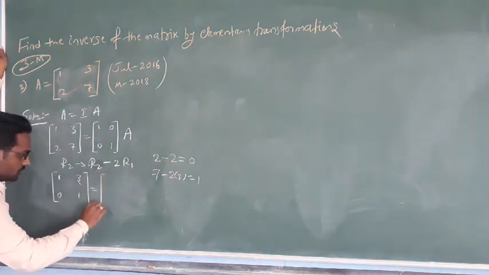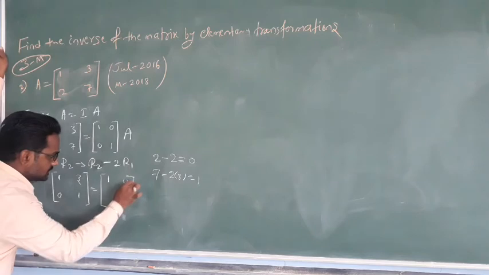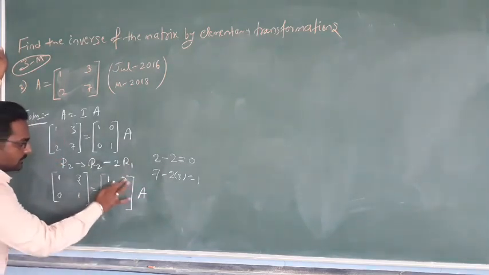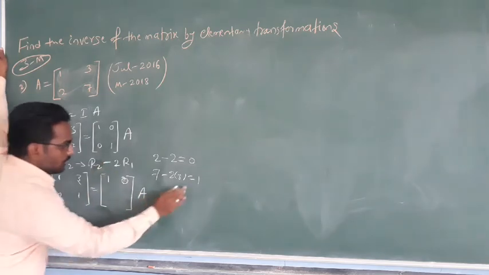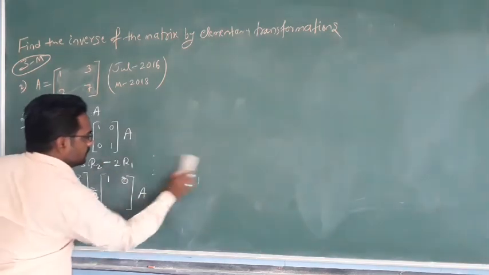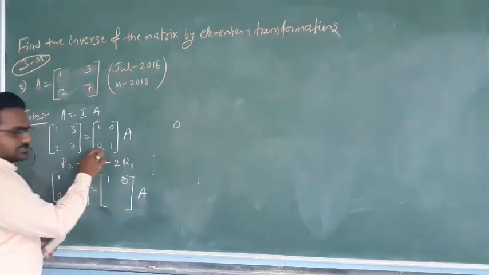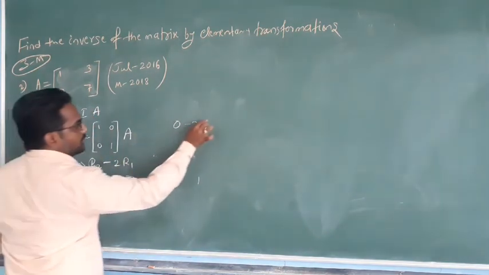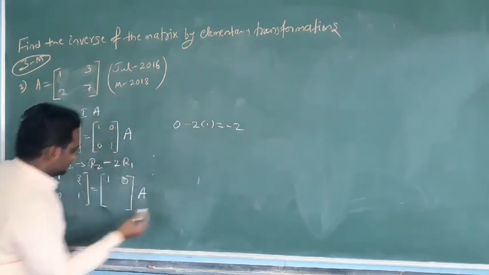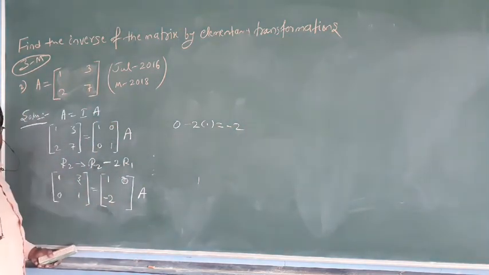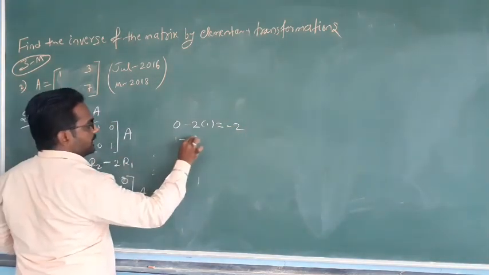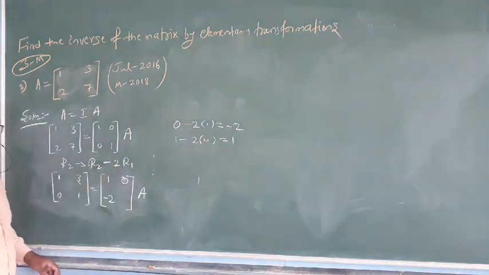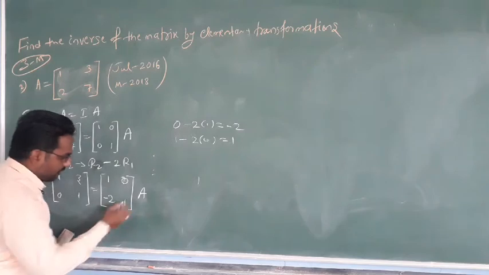That equals R1 as it is, 1, 0, into A. R2 values: 0 minus 2 into 1, that is minus 2. Next, 1 minus 2 into 0, that is 1.